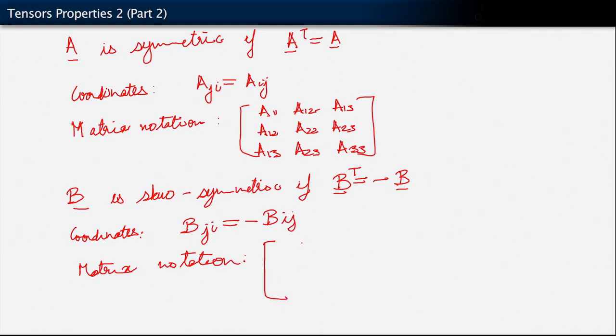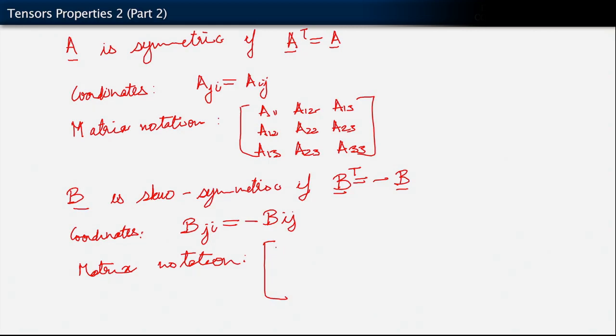Now, in matrix notation, or actually even in coordinate notation, what happens with the diagonal components of a skew-symmetric tensor? Think about that. Chances are you all already know the answer. The answer is given by just looking at this and asking yourself, what happens if j equals i? If j equals i, we have things like B ii equals minus B ii, but that's possible only if that component is 0.